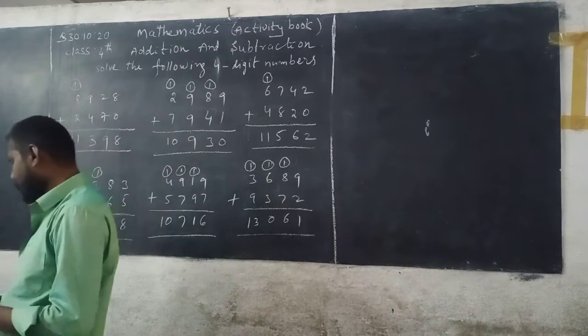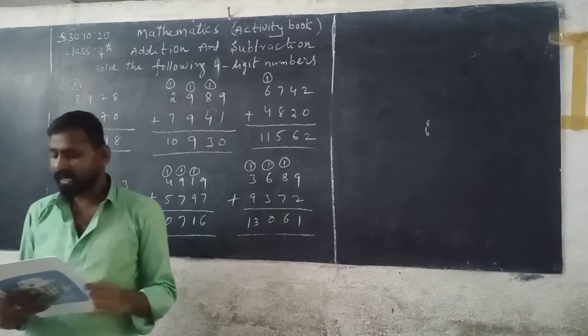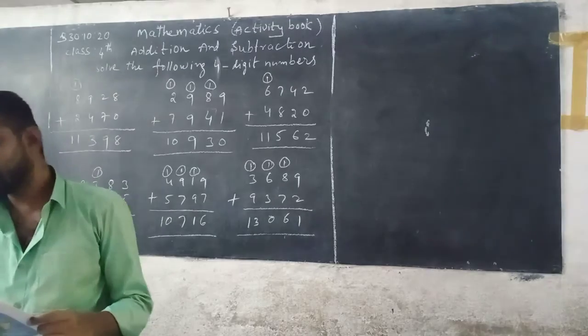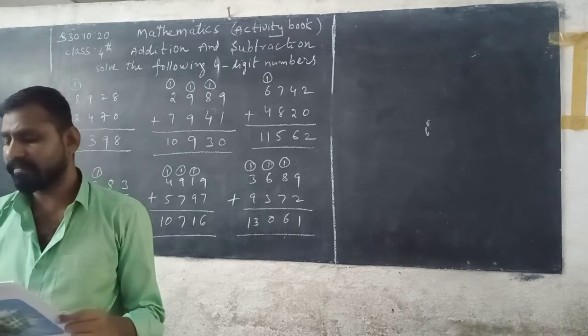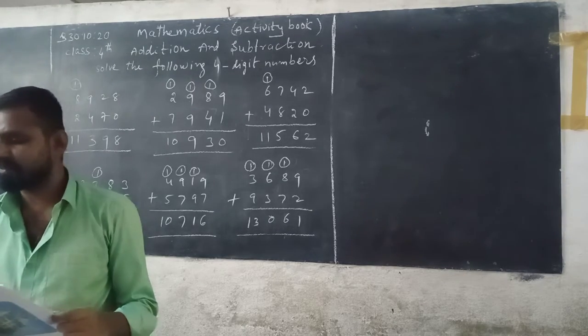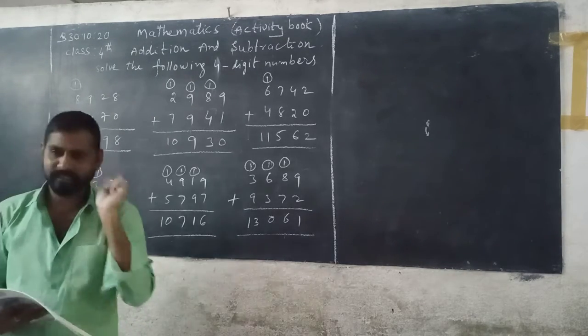Next page number 25. Everybody listen. Arrange the numbers from 1 to 9 along the sides of the triangle such that the sum of the numbers along each side is the same. Use each number only once.